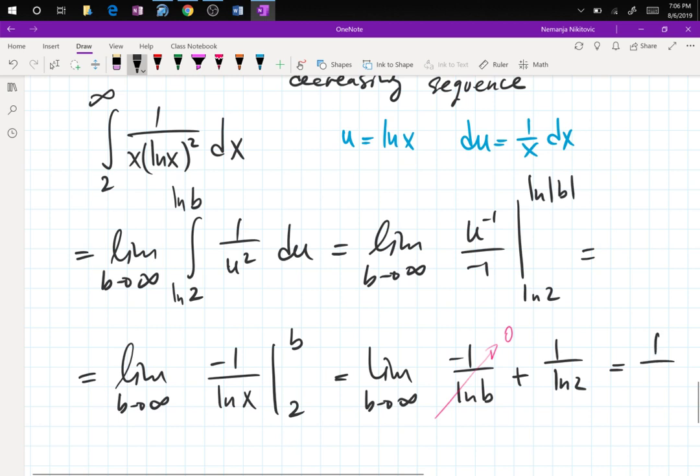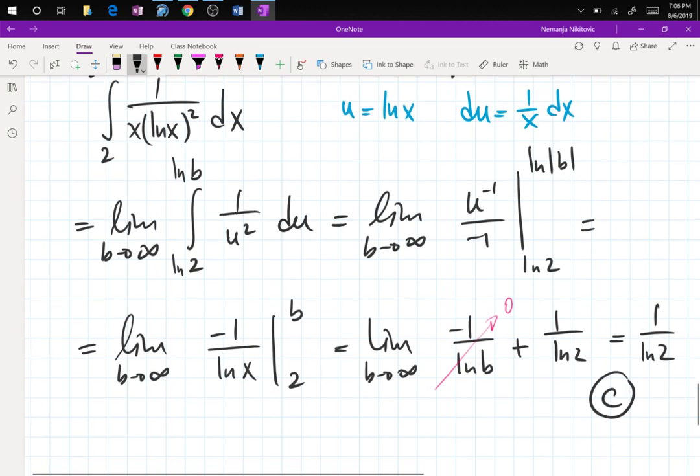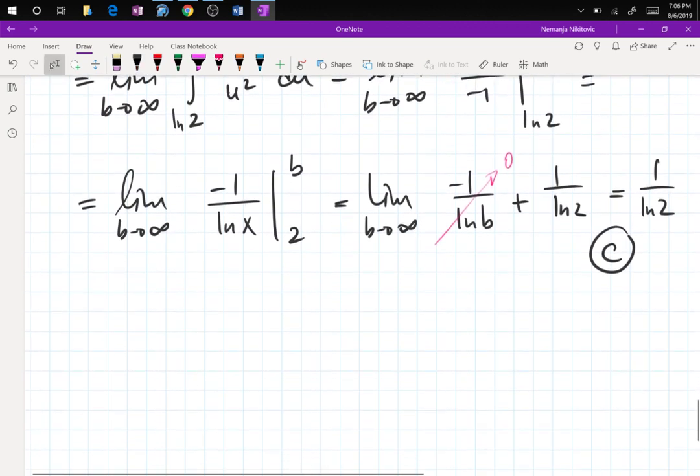So I get 1 over ln 2. Converges. So what do I have? I have a convergence branch, and I have a convergent value there. So answer.